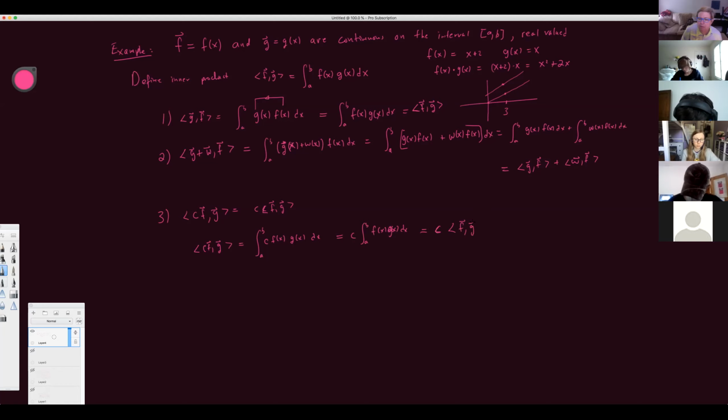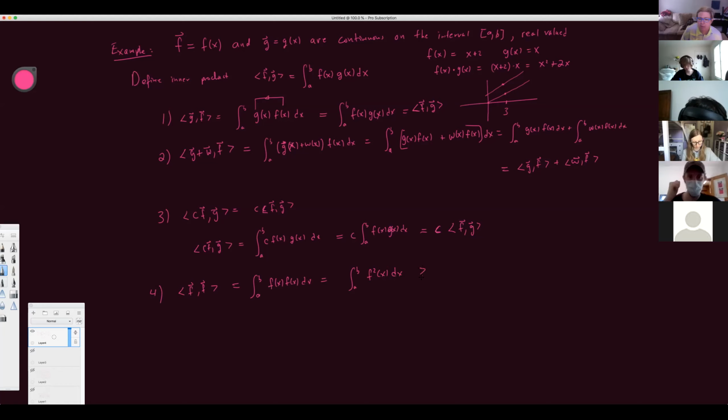Pretty easy. And the last one is this business about taking the inner product of F with itself. We're right at class time, so let me just real quick finish this. The inner product of F with itself is the integral from A to B of F squared, which is going to be, by the rules of integration, positive, because you squared it.